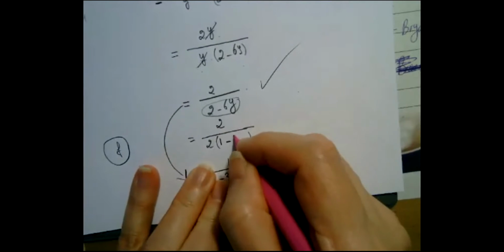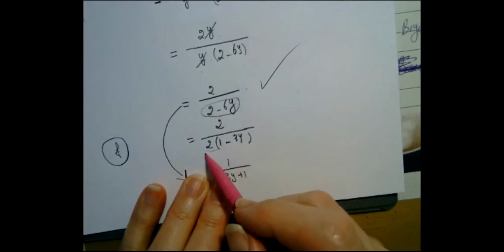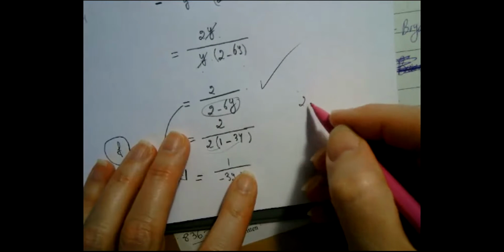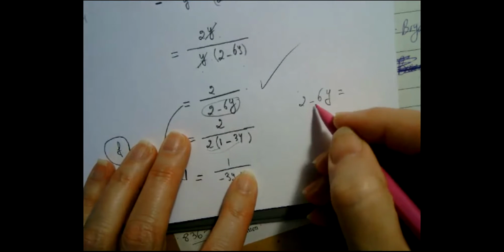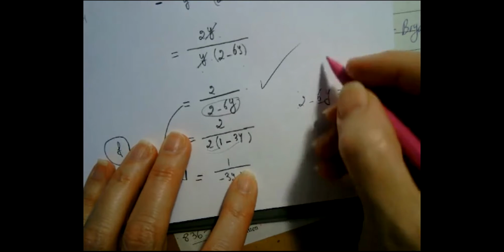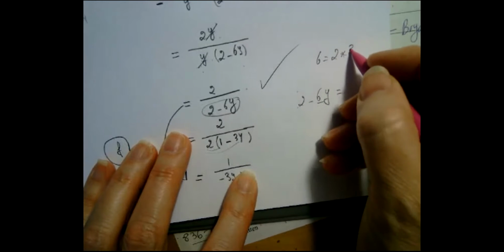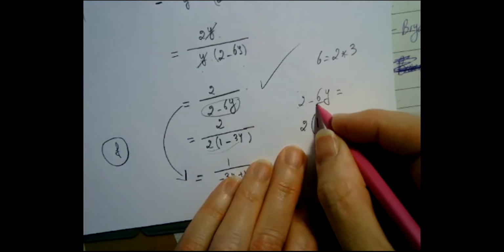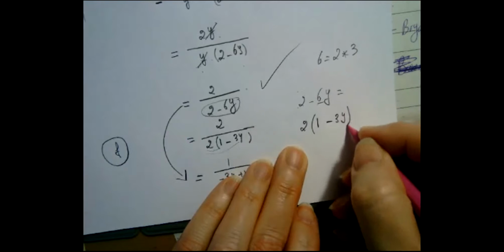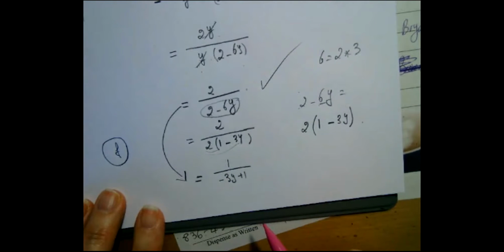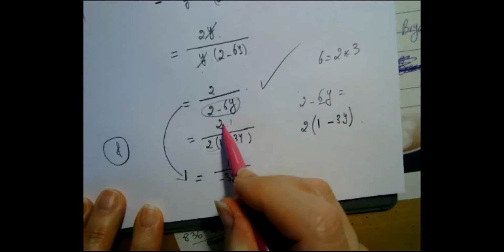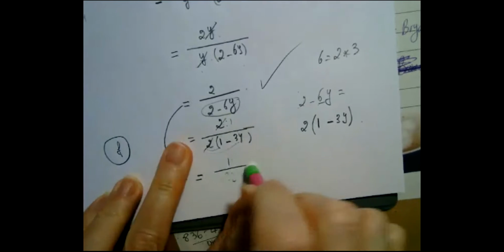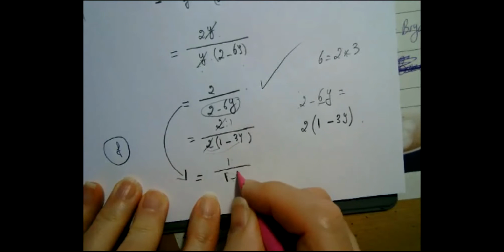Yeah, because distribute, you get 2 minus 6y. So the idea is when I see 2 minus 6y, 2 is a factor of 6 because 6 is 2 times 3. If I factor out my 2, that gives me 1 minus 3y. So I can factor this out. And now 2 is a common factor to the numerator and the denominator. I can get rid of it. And I will get 1 over 1 minus 3y.